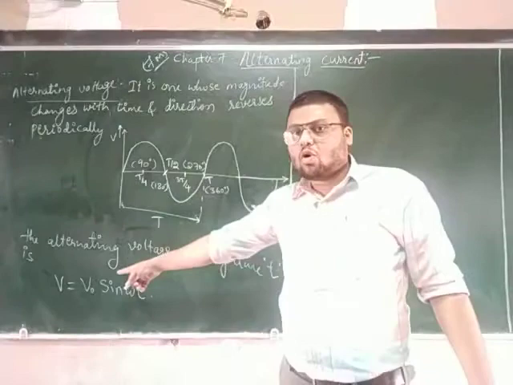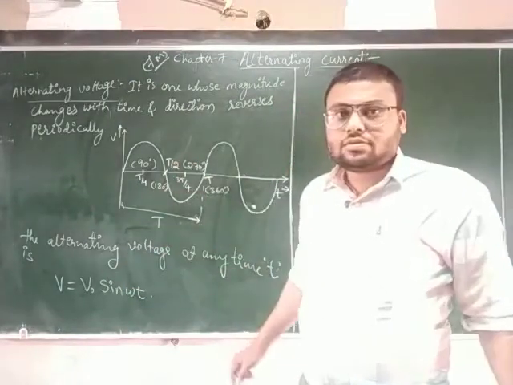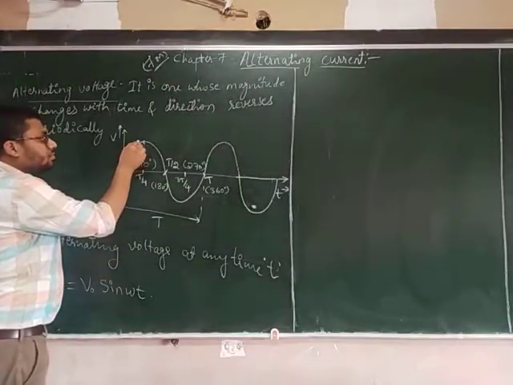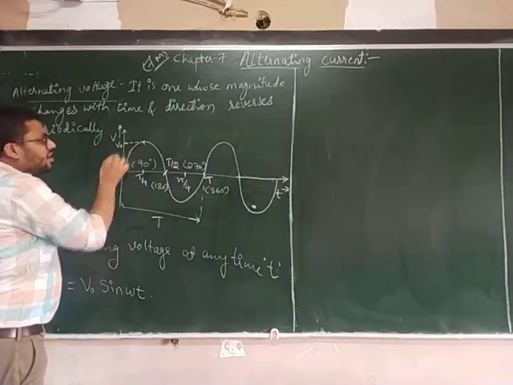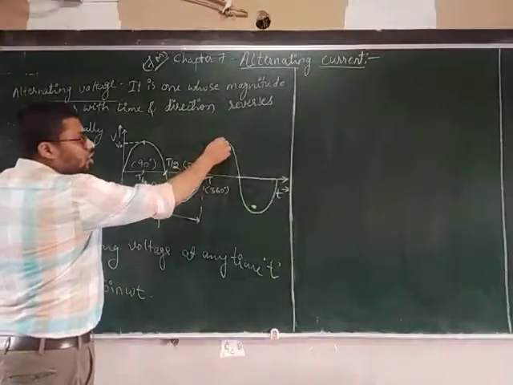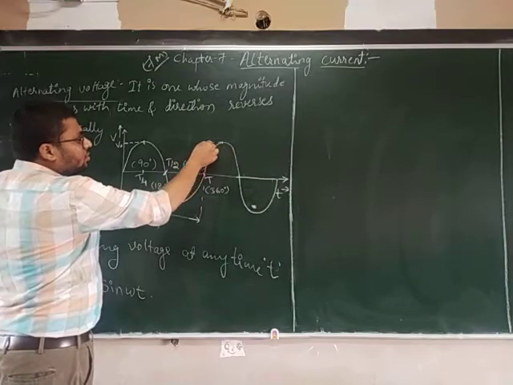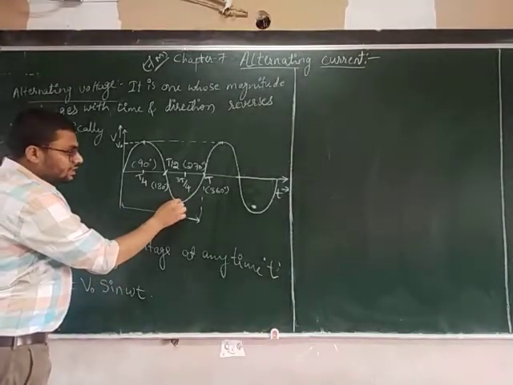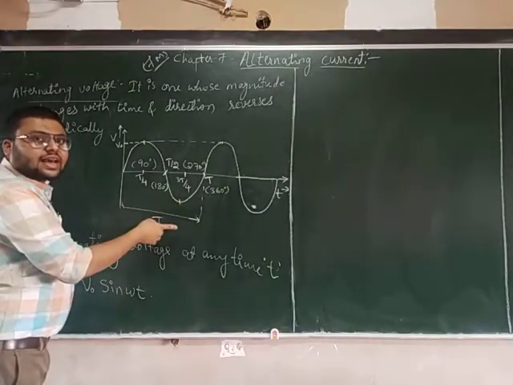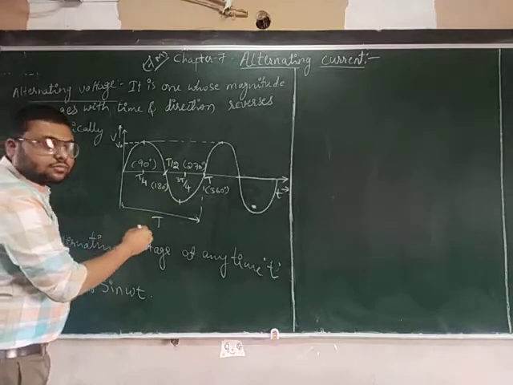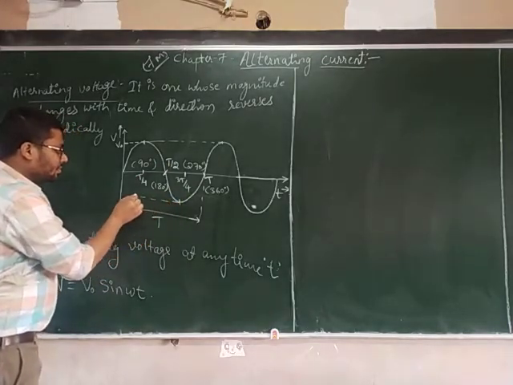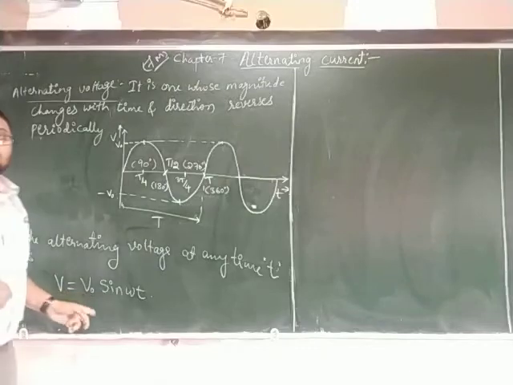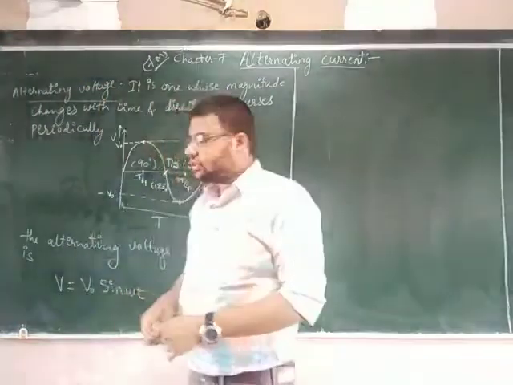In this graph, look here, it is the maximum value, right? So you can write here, this is V naught. This is also the maximum value, amplitude V naught. And this one is also V naught, but in the opposite direction, so we will write it as minus V naught.